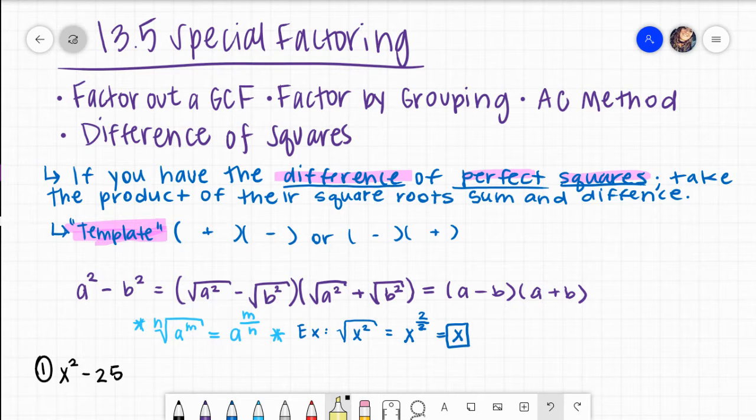Okay, so let me look at this example right here. Say we have the square root of x squared, right? If you don't see anything here, it is implied to be a 2, right? When you take the square root, you just draw, that's called a radicand. You just draw the radicand. You don't have to write the number 2 there, right? But we're going to imply that it's 2. So if I take the square root of x squared, putting it in this form right here, my root is my denominator, my exponent is my numerator. Y'all, if you do 2 divided by 2, you get 1, right?